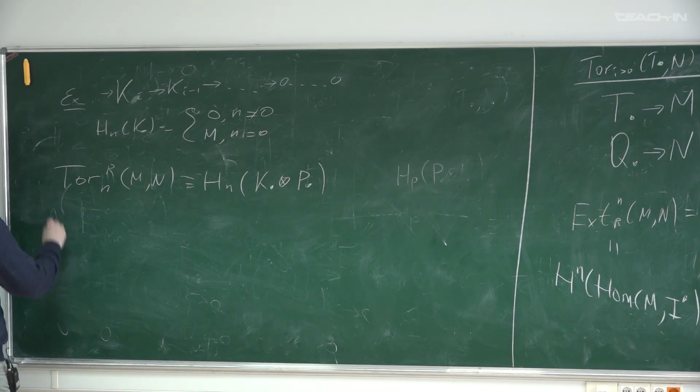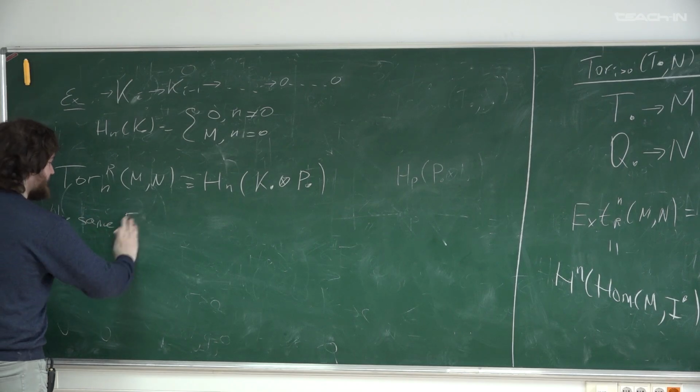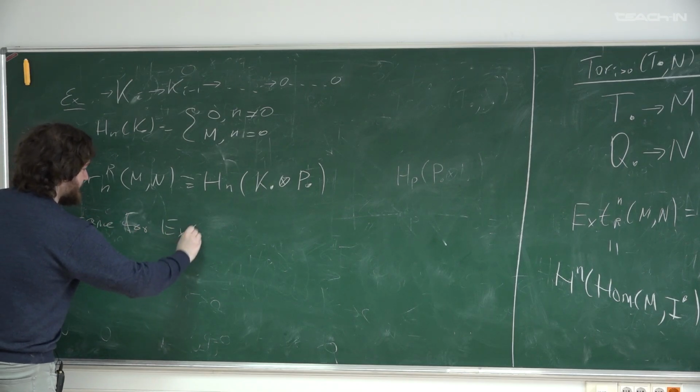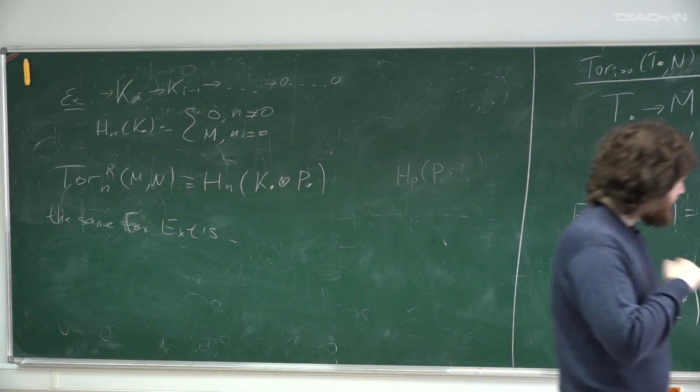And the same thing for Ext, in the same manner. So you can use something like this. If you have your favorite chain complex with your favorite homologies, then you can use it to calculate Tor or Ext.